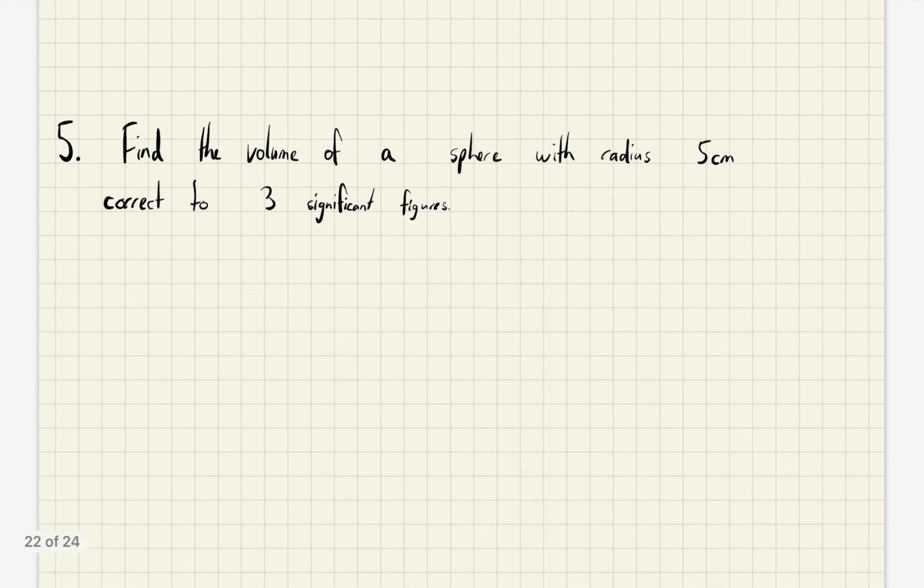Cool. Now, question 5. We need to find the volume of a sphere with radius 5 centimeters correct to 3 significant figures. Now, with this, we need to remember what is the volume of a sphere. Well, it's 4 on 3 pi r cubed. Now, you can look that up. When you're in year 11 and 12, regardless of which maths you pick, you get given that formula, so don't worry.